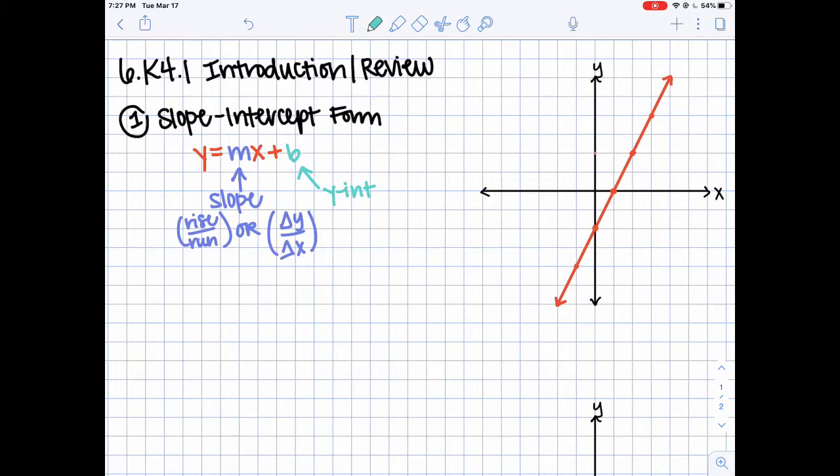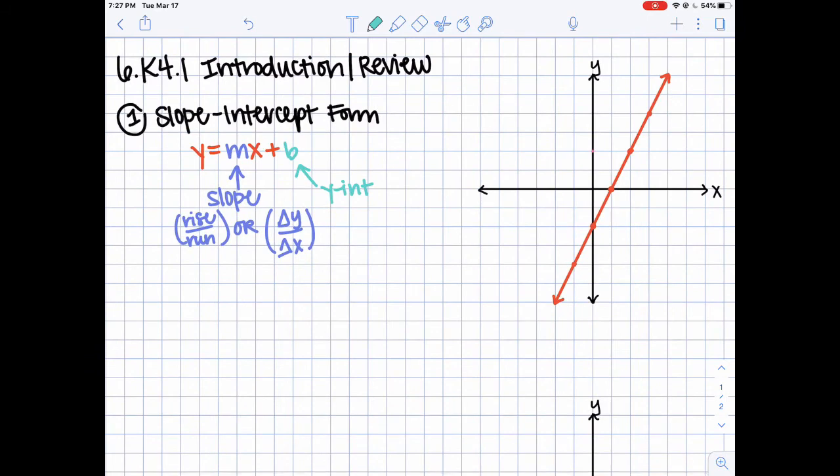When I look on the y-axis, I notice that there is an intercept right here, and that is what we're going to use as b, and the value there is -2. So for this one, b is going to be -2.